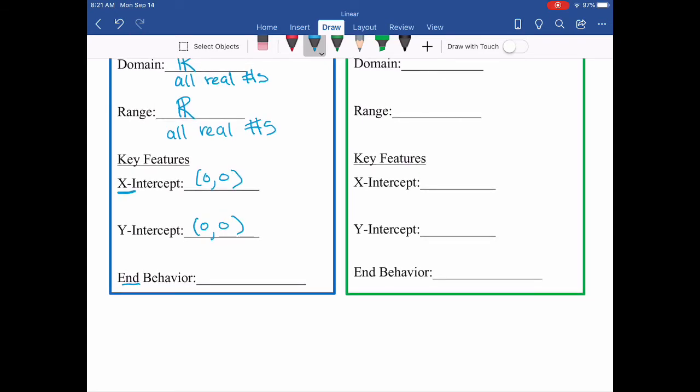So for end behavior, we'll say as x approaches negative infinity, y approaches negative infinity. But as the x's increase, meaning positive infinity, the y's approach positive infinity.